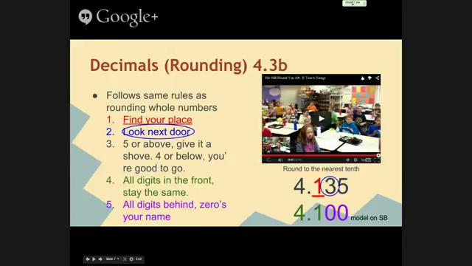All digits, including the circled number and behind, all become zeros. In the case of decimals, they can even drop off those zeros because those zeros have no value. They don't have to. I know in 5th grade they do have to, but at this point I don't really care if they drop them off or not. So basically that's how that works. So I'm going to quickly model one on the smart board.